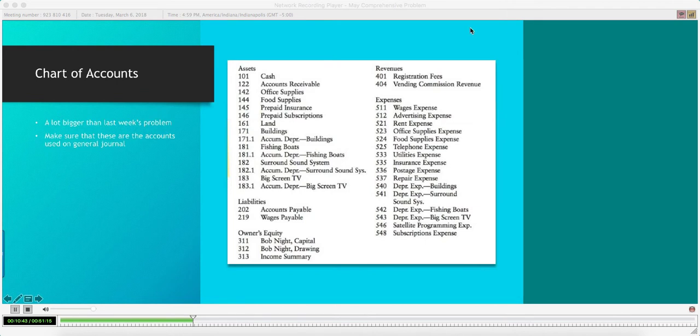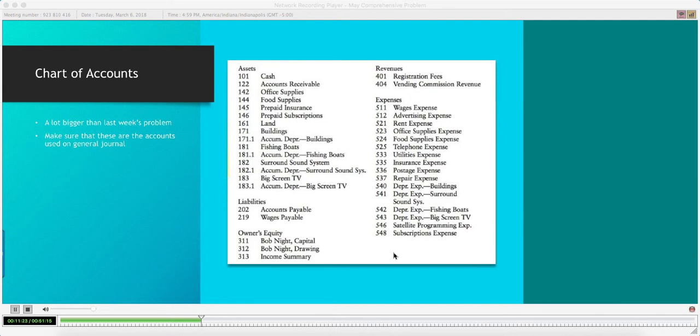So as I mentioned, the chart of accounts is a lot larger. We are buying several more assets, and so we have the accumulated depreciation and the expense accounts that go along with it. Again, it's nothing that we haven't done, except this time you'll have to calculate the straight line depreciation for all of your assets yourself, which is why I hit on it last week.